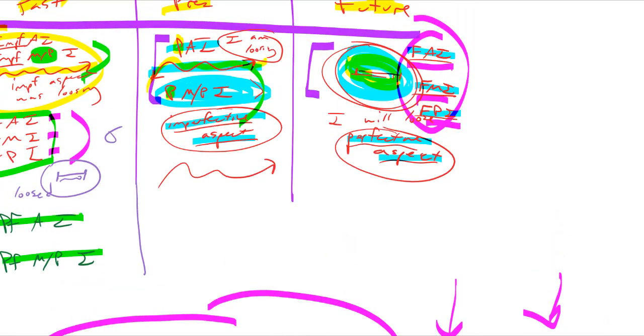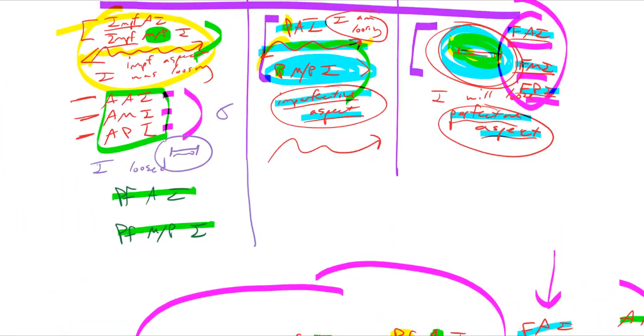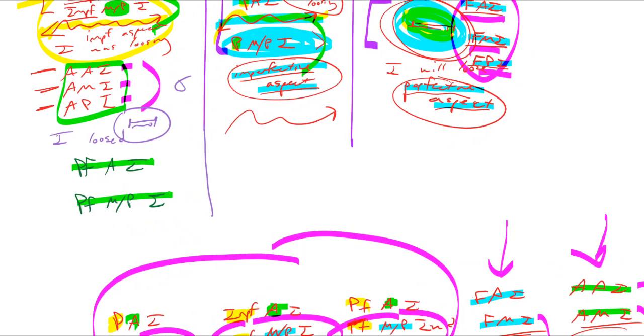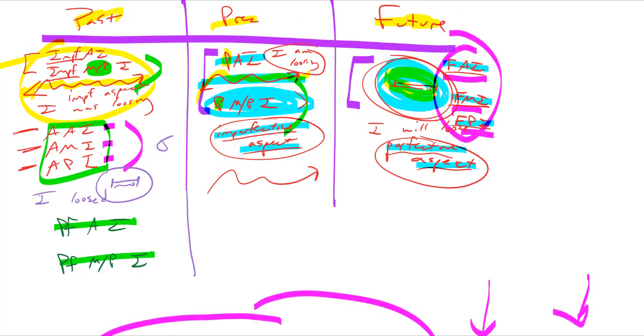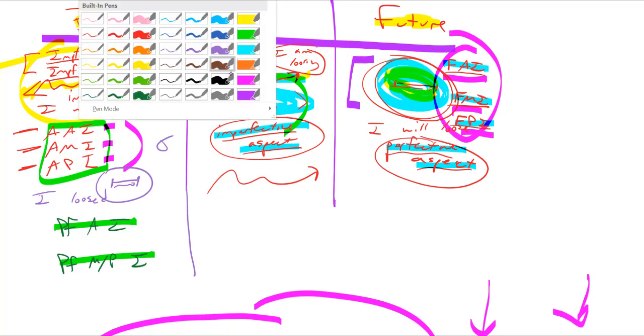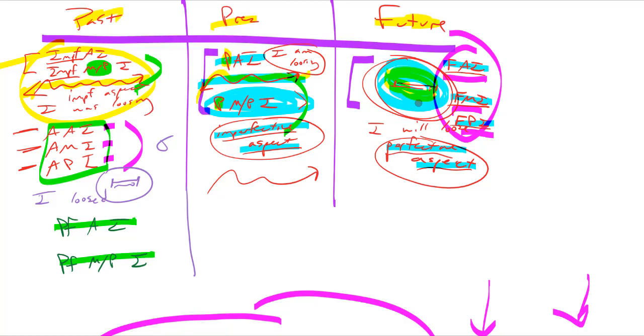Okay, so we look at this chart again. Let's get it back on here, and we were talking about the perfect. What is the verbal aspect of the perfect, right? Because it's getting a little crowded here, but let's see if we can continue. Let's use something like this. Okay, so the future, right, we talked about is that holistic perspective, just looking at it as a whole, or perfective aspect.